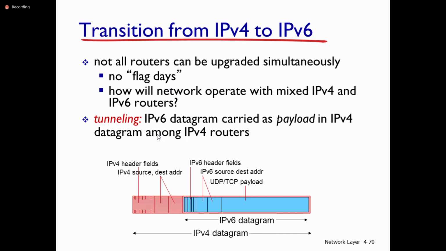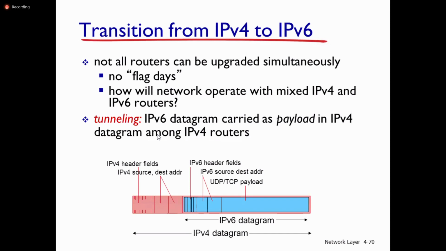Whenever we are using IPv4 routers to handle the IPv6 datagrams, we are going to use the concept called tunneling. By using this tunneling process, these IPv6 datagrams are carried as payload in the IPv4 datagrams.